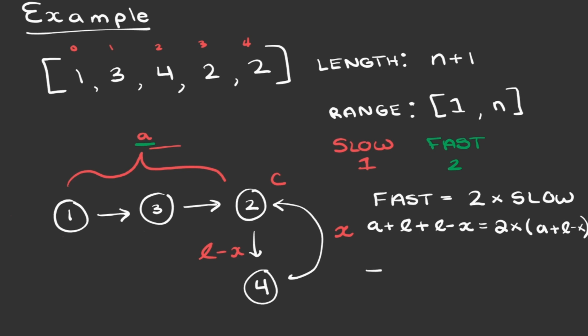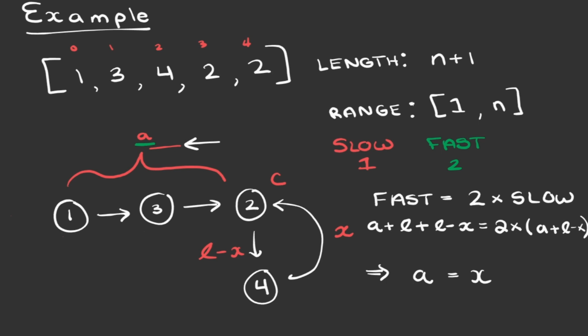If we simplify this, we'll actually get that A is equal to x. And this exactly means that the distance from the starting point to the entry point of the cycle is the same as the distance from the collision point to the entry point, which is x.